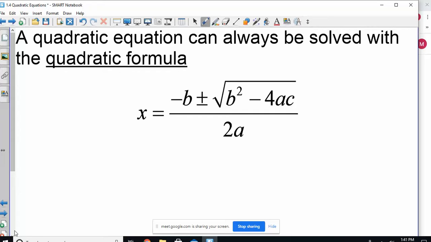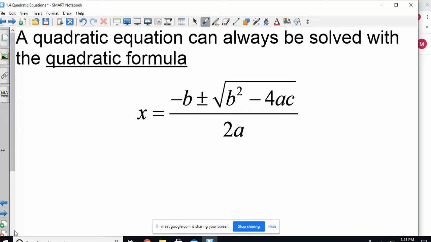So x equals opposite of b plus or minus the square root of b squared minus 4ac all over 2a. This can be used to solve any quadratic that I can give you, but it does have to be written a certain way.